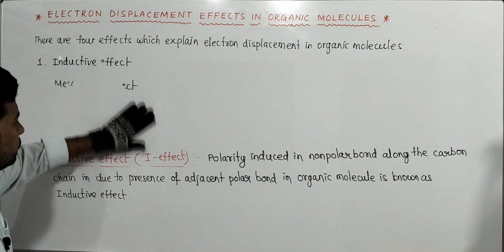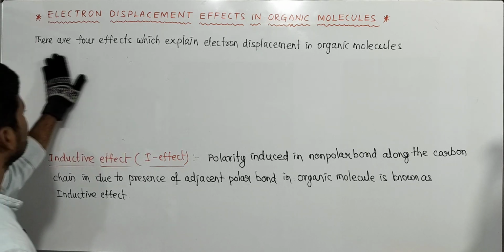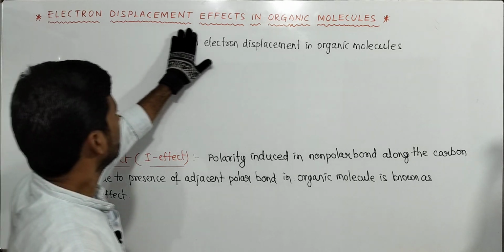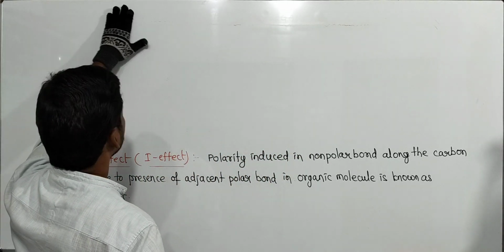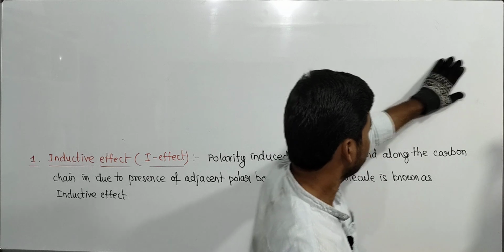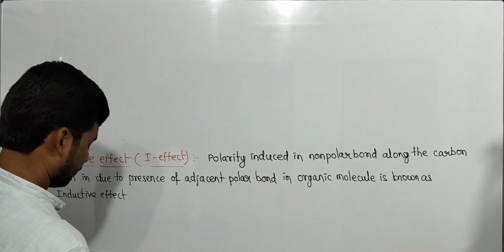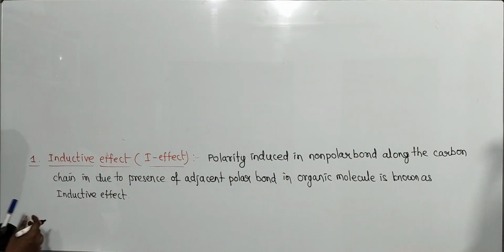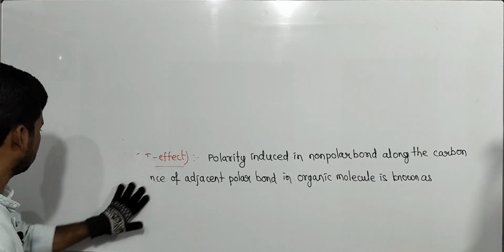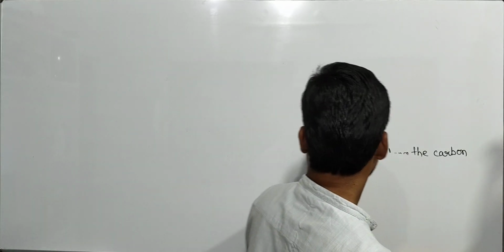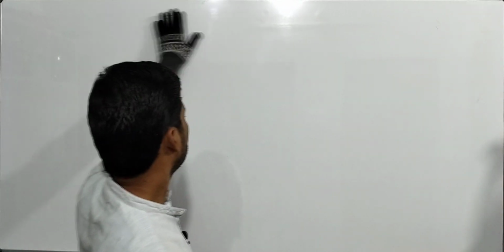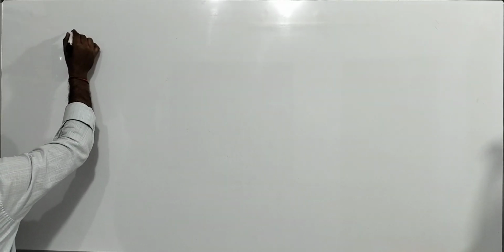Okay, so inductive effect is of two types. Inductive effect occurs along the carbon chain, and polarity is produced in a non-polar covalent bond.